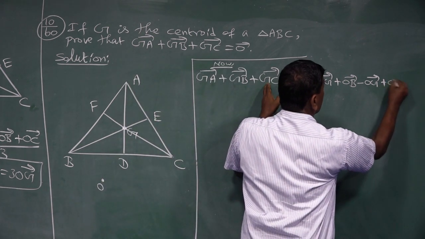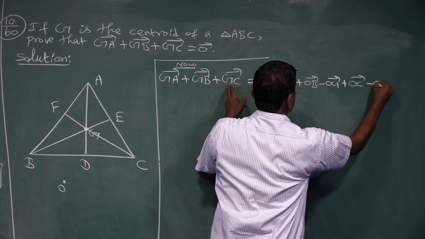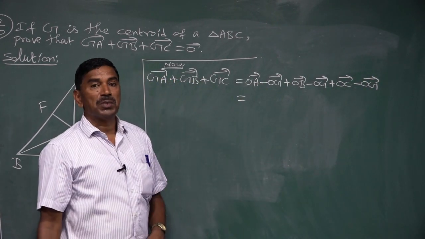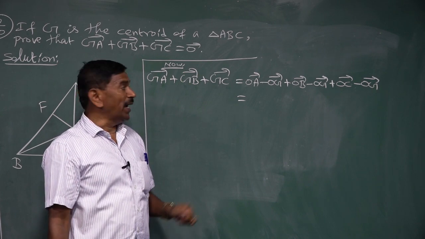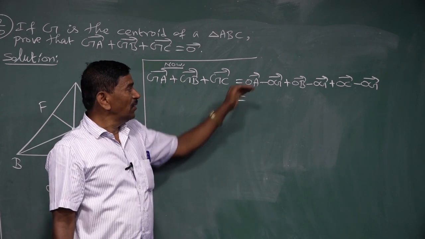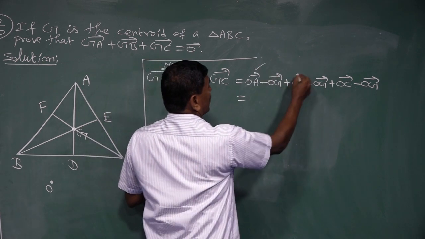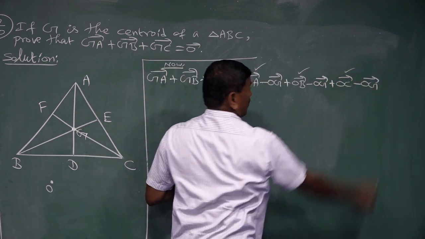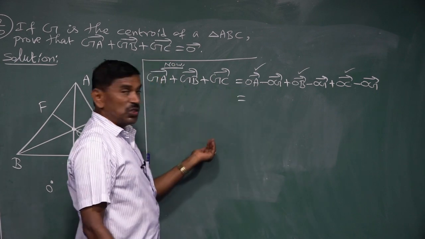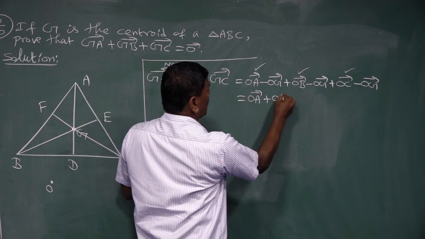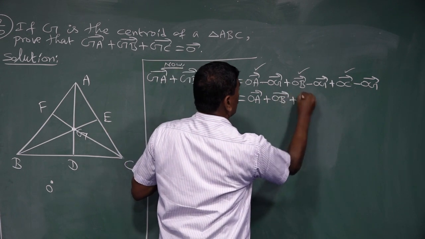Okay. Now simplification yourself. Any idea to simplify? Yes. First collect the positive terms. Positive terms means OA vector, OB vector, OC vector. Write the positive terms first. So therefore OA vector plus OB vector plus OC vector.